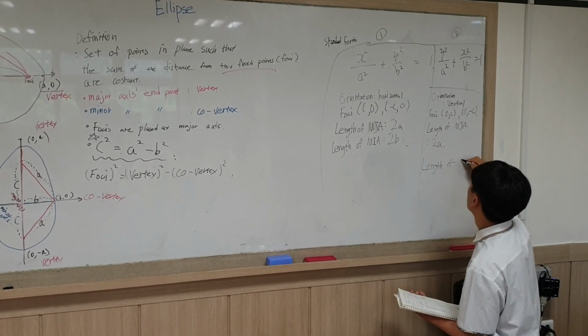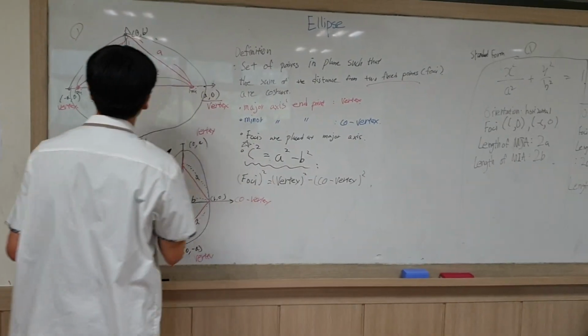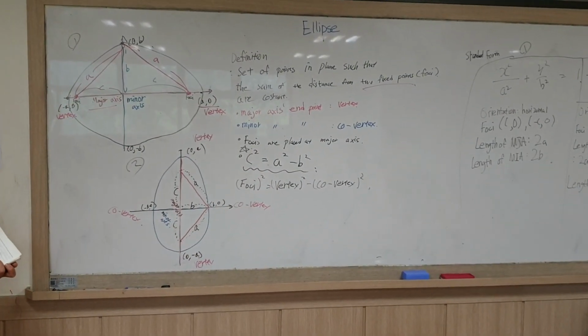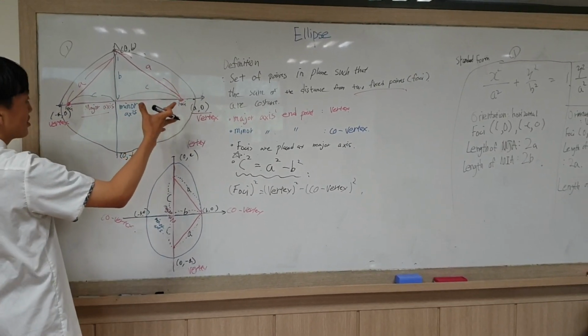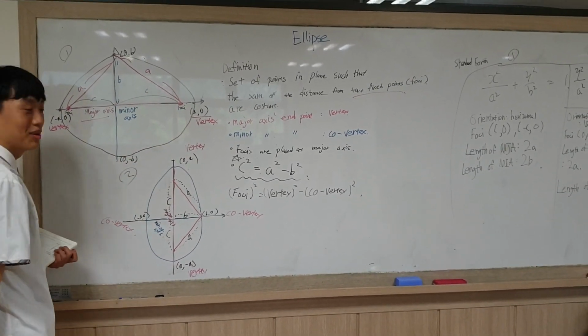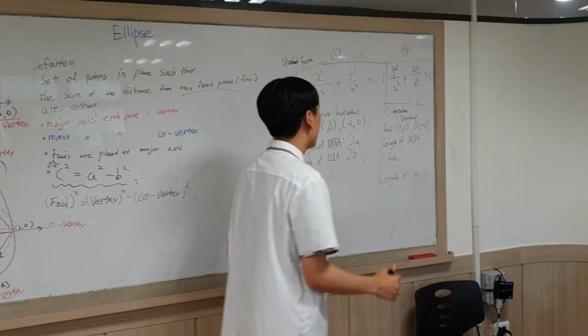And what does orientation mean? So orientation means direction. Yeah, right. The major axis direction, and that's the orientation.